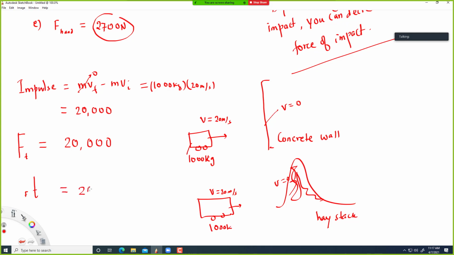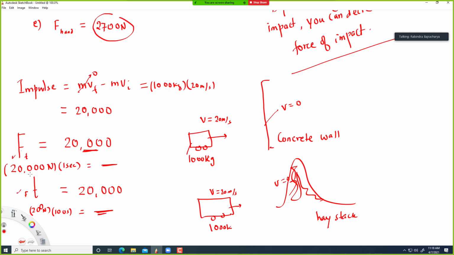So for example, in this case, I can apply 20,000 newtons on the car over 1 second. Or here I can apply, let's say, 20 newtons over 1000 seconds, or 200 newtons over 100 seconds. You get the same impulse in both ways.